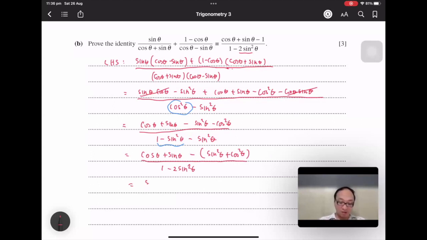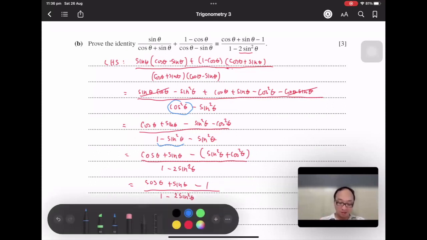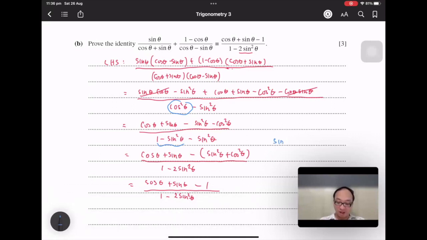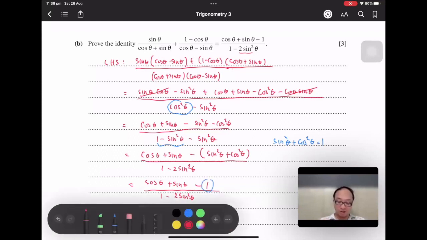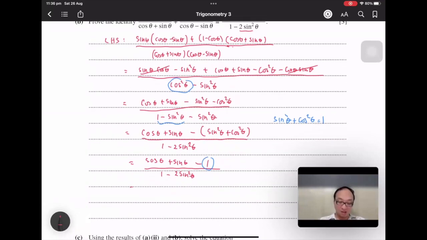And the numerator becomes cos theta plus sin theta minus 1 over 1 minus 2 sin square theta. Yeah, don't forget the identity, so I can put it as 1. So this equals the right-hand side.